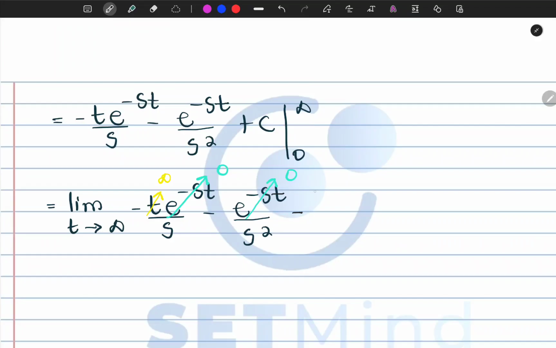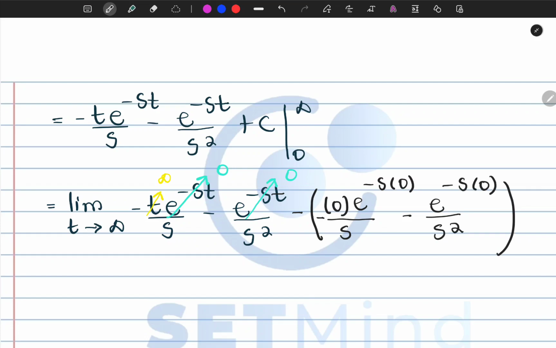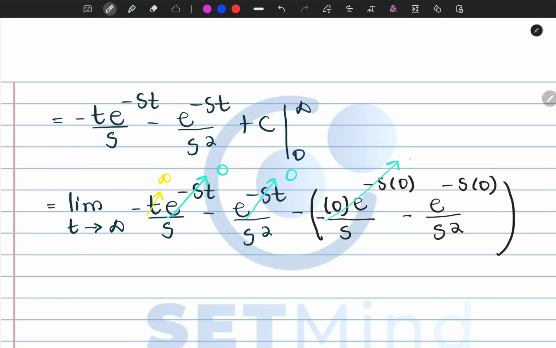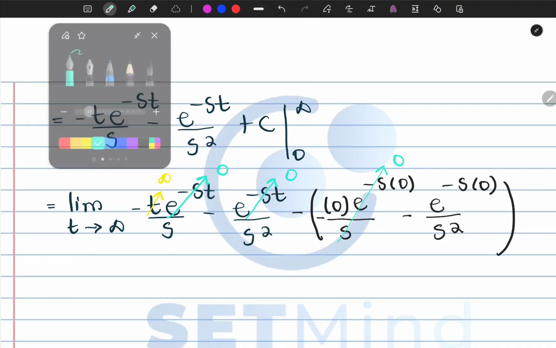Then we go to the lower limit where we put in 0. So wherever there's t, we put in 0. So minus s times 0 divided by s. We'll put in that minus. Then minus e to the negative s times 0 divided by s squared. This term here will end up being 0, the entire term, because of that 0 which is at the front.